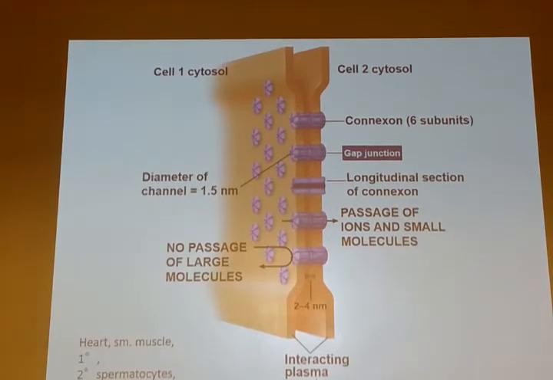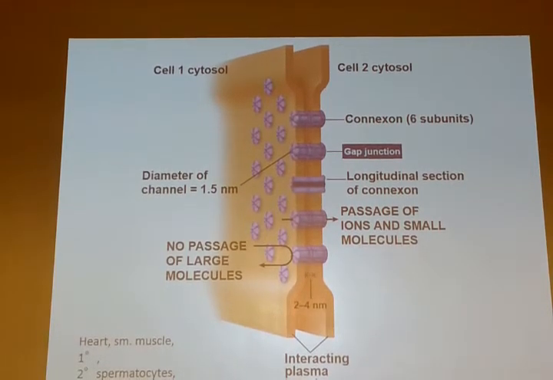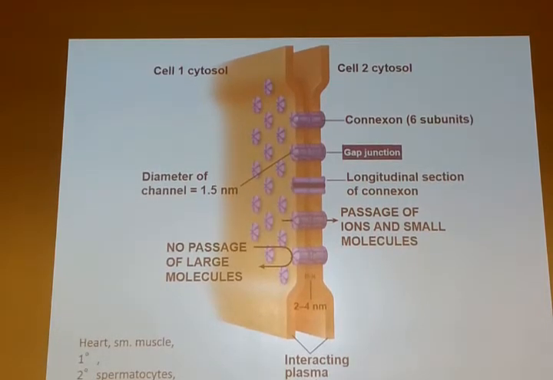So from one stem cell you get 4 spermatozoa. And you do that by sharing nutrients between adjacent spermatozoa and also hormones that drive the maturation. In heart and smooth muscle, the gap junctions are there for electrical stimulation of adjacent cells. So you have different purposes for those gap junctions.